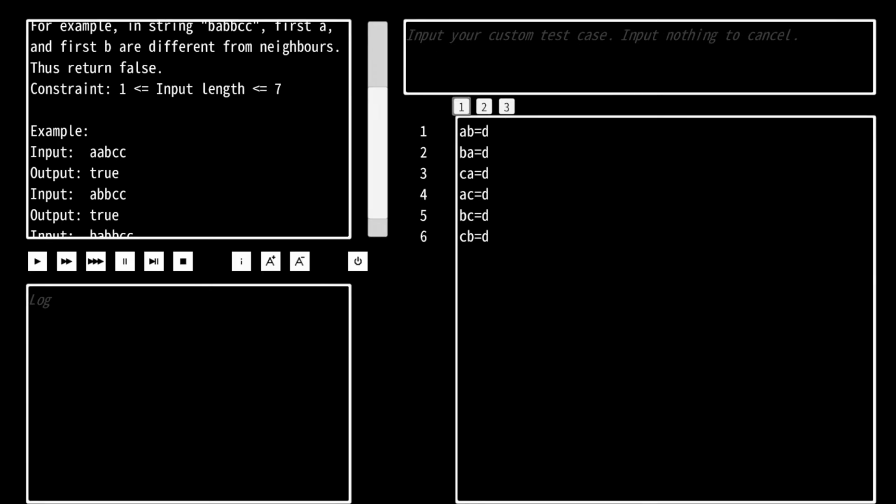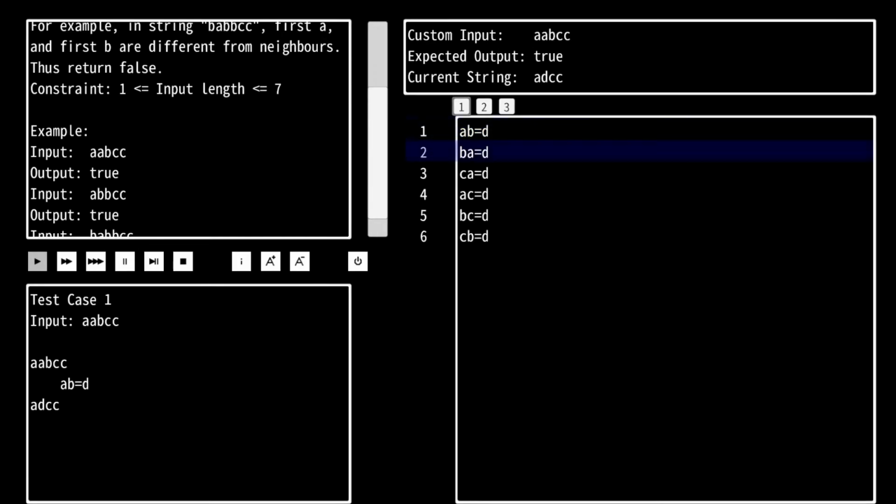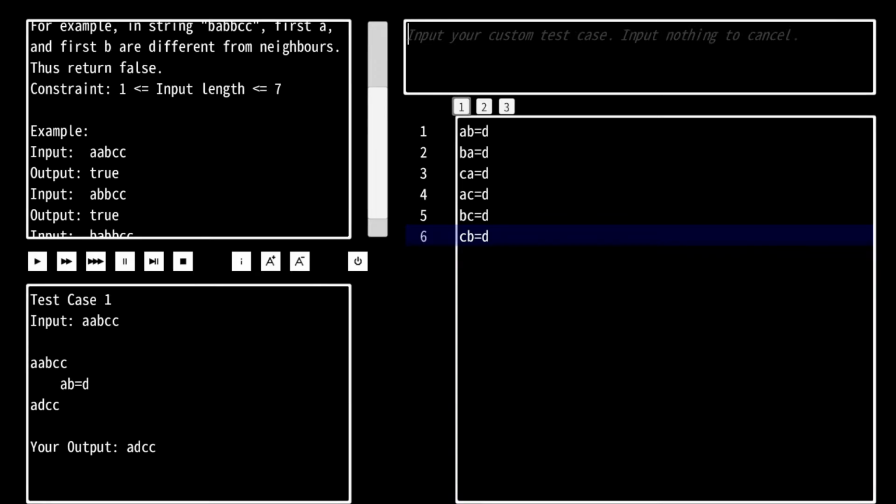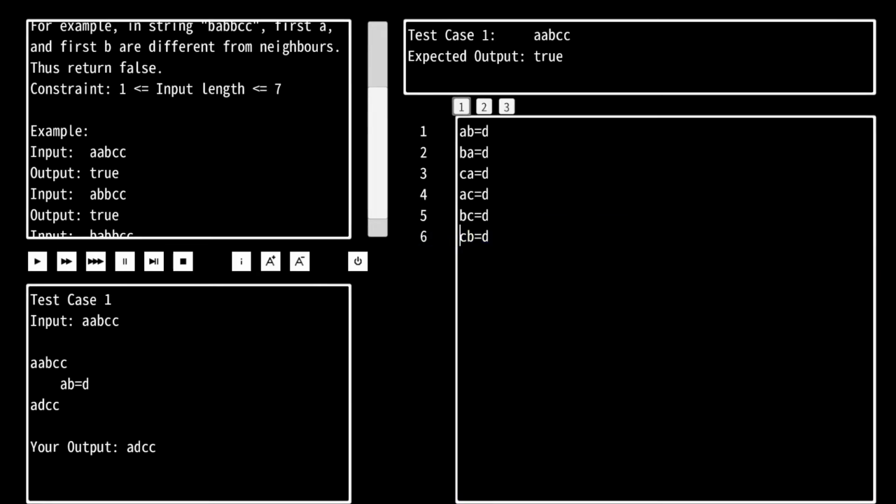How to... Oh, wait, but it can... Okay, if it takes it, then I can't do the other side. So what if... Ah, I don't know how to do this.